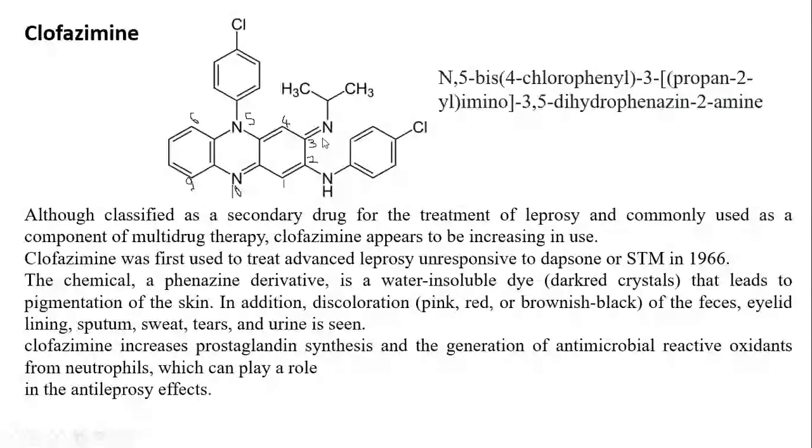Hence we consider 3,5-dihydrophenazine. So the name of the ring is phenazine. So in phenazine there is a double bond at 3,4 and at 4,5, but the electrons are missing at 3 and 5. Hence we write down the name as 3,5-dihydrophenazine-2-amine. So this is the IUPAC nomenclature of the clofazimine.